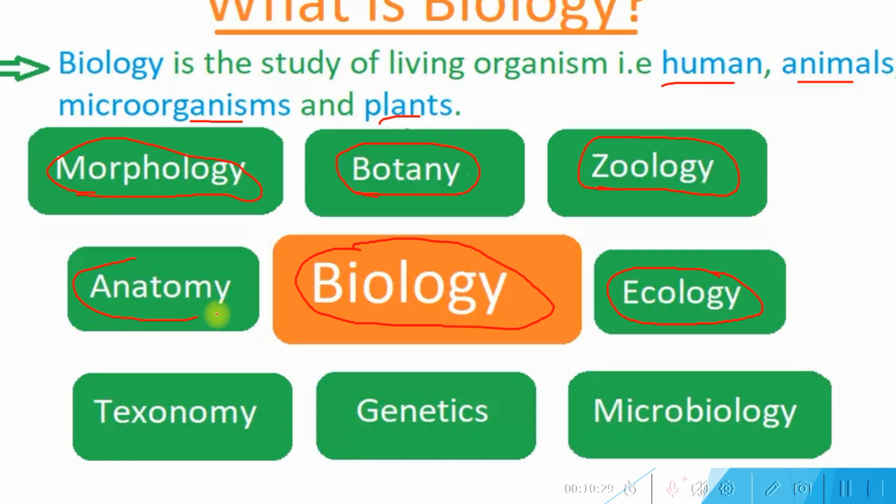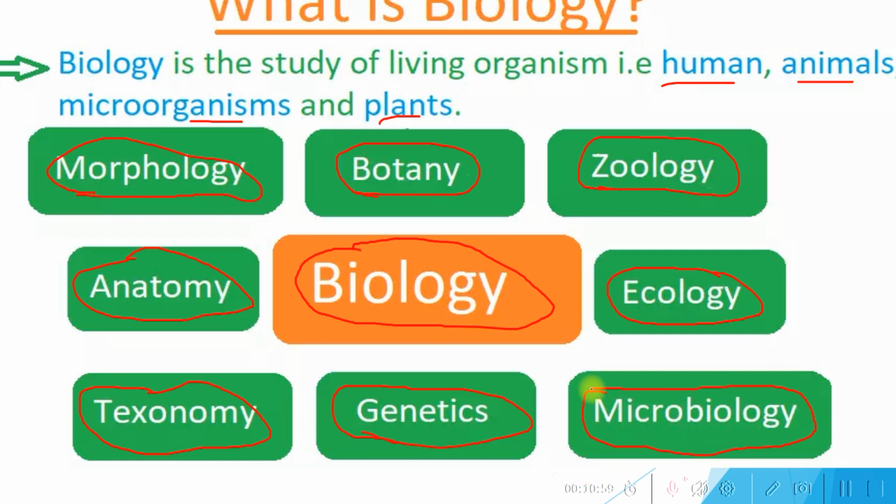Anatomy studies the internal parts of living things. Taxonomy studies the naming and classification of living things. Genetics studies the transmission of genetic materials from the parent cells to the offspring. And the last, microbiology, studies microorganisms such as bacteria.